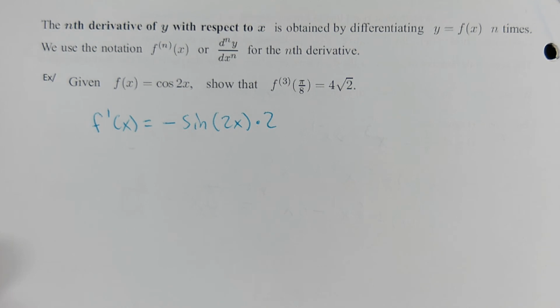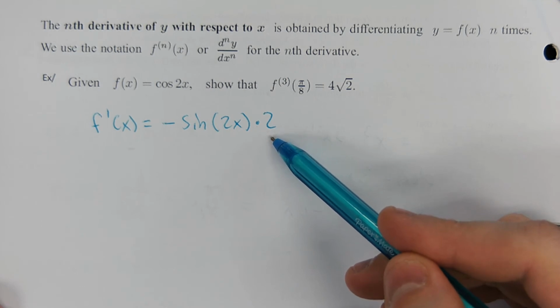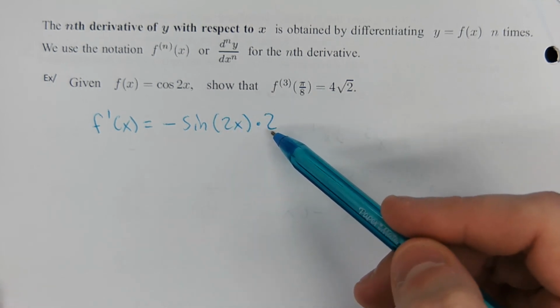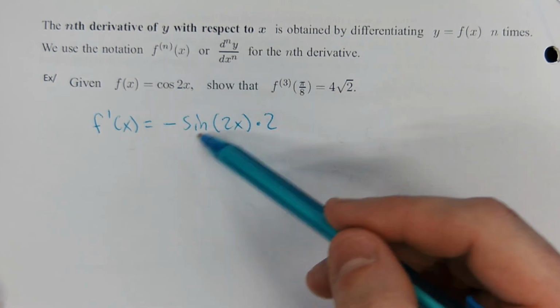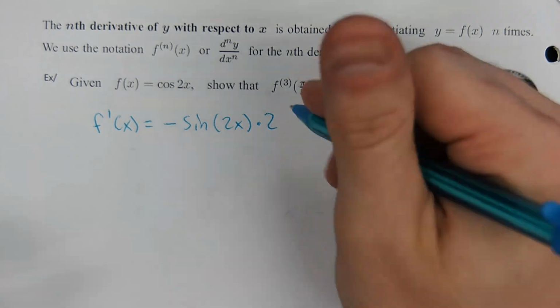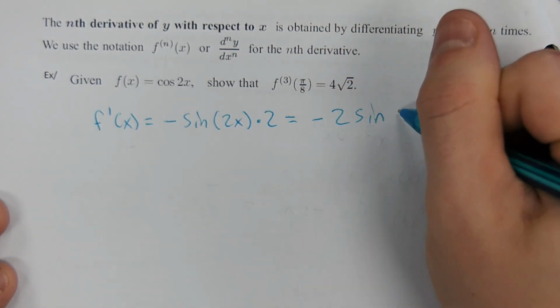What's up? Do you not have to use the chain rule? Yeah, this is the chain rule right here. The derivative of 2x is just 2. So it's derivative of outside, don't change the inside, times the derivative of the inside. This is going to give me negative 2 sine of 2x.